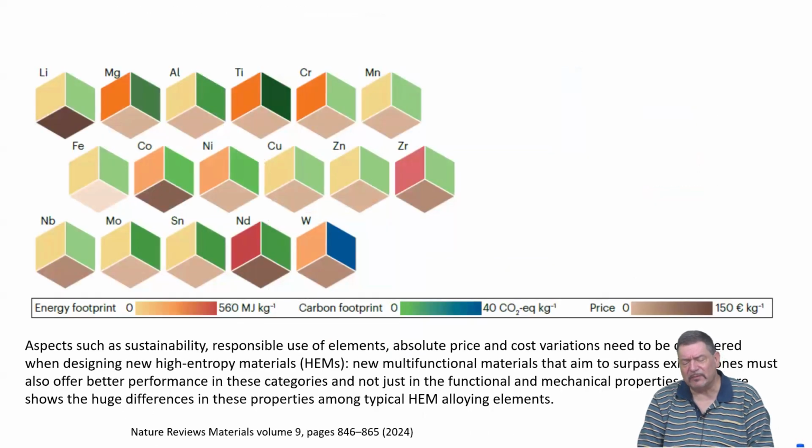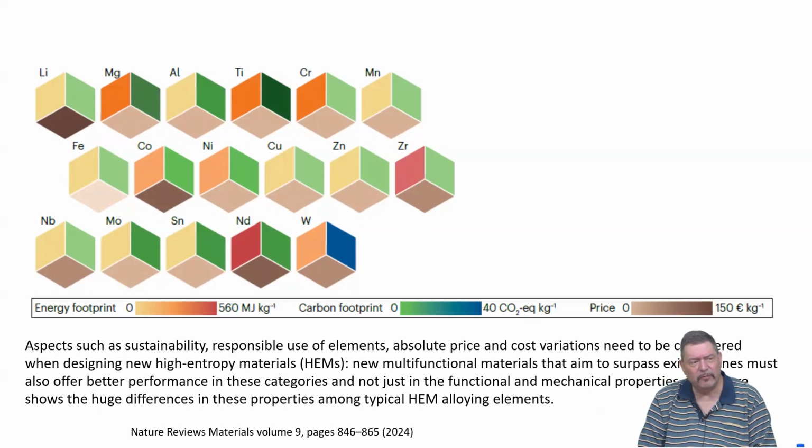And this is an aspect which we often don't think so much about. So this is showing for the most used elements in high entropy systems, 3 aspects in their making. It's the energy footprint, this yellowish scale.